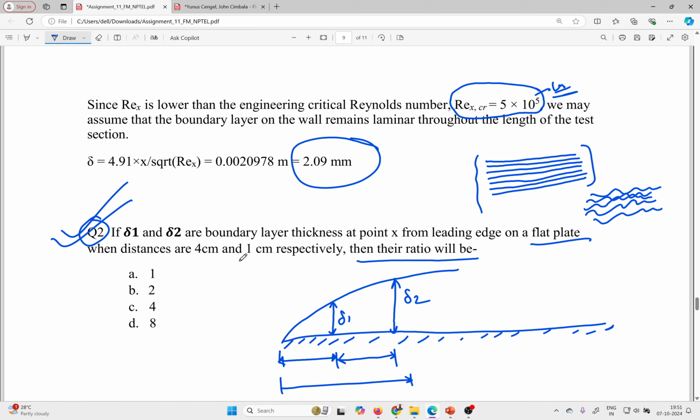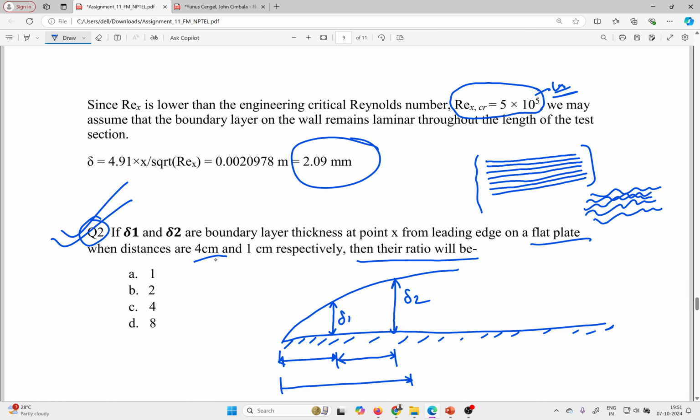So here it is very confusing: the boundary layer thickness at point X from the leading edge on the flat plate when the distances are 4 centimeter and 1 centimeter respectively.